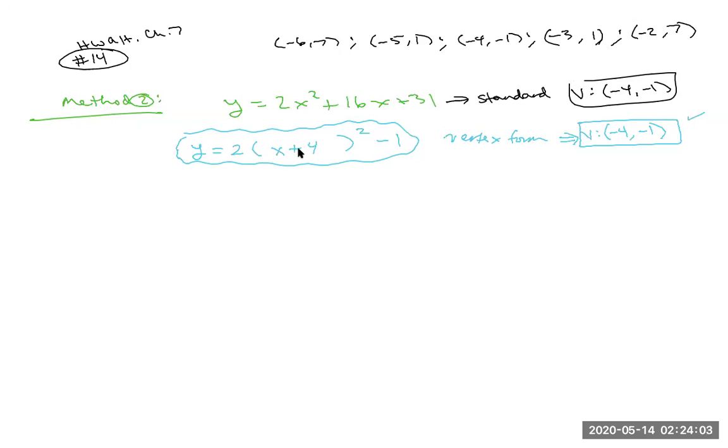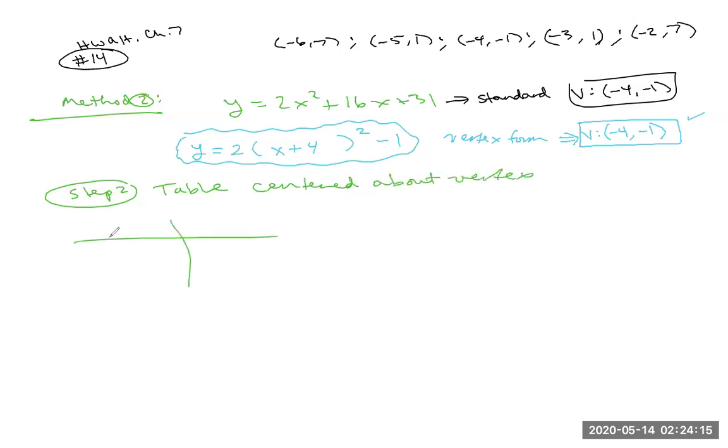Okay, now step 2, table centered about vertex. So x, y, which equals f of x. You have, in this case, your vertex form.